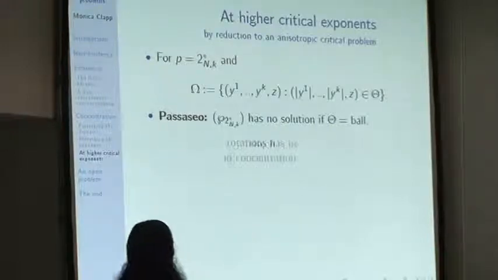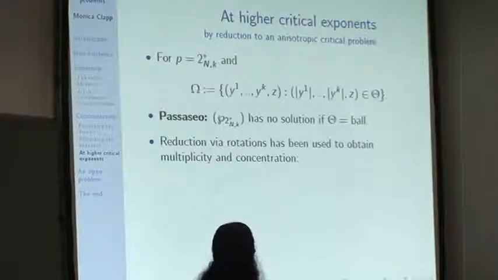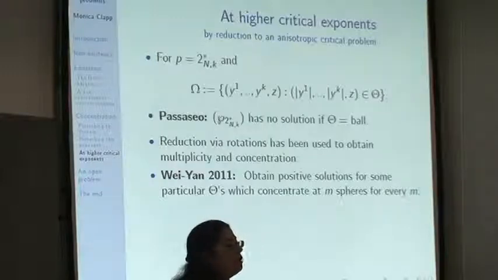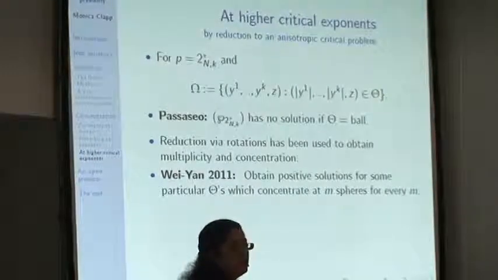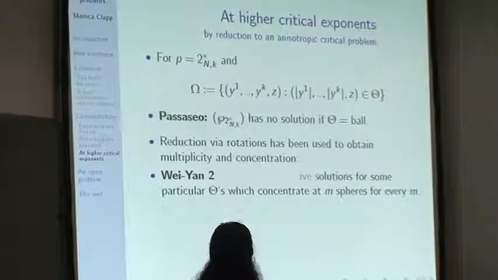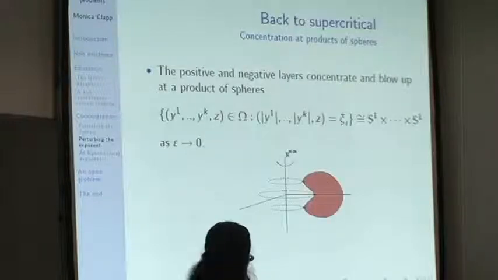But some results using this type of reduction have been obtained recently by Wei and Yang. What they consider is not a ball, but a domain which has certain concavity. So it looks like something like this.